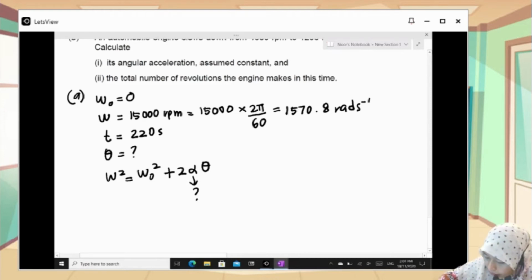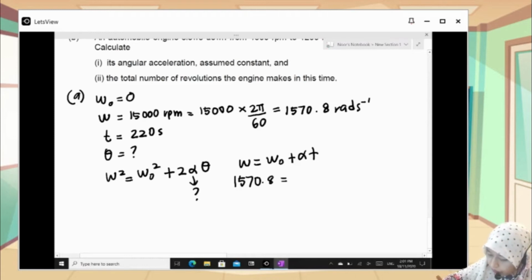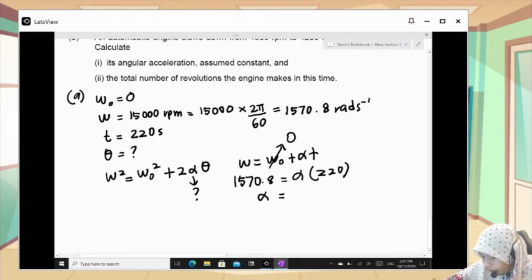In order to find alpha, we use omega equals omega naught plus alpha t. 1570.8 plus, omega naught is 0, so alpha times 220. So we get alpha 7.136 radian per second squared.